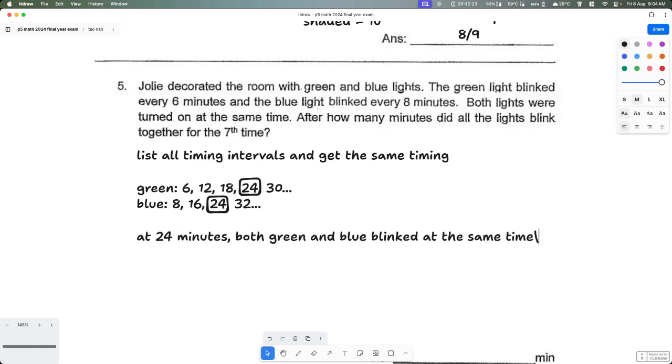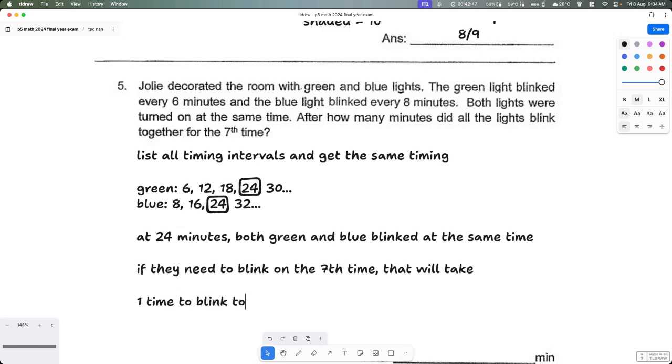So if they need to blink together for the 7th time, the first time will be 24 minutes.